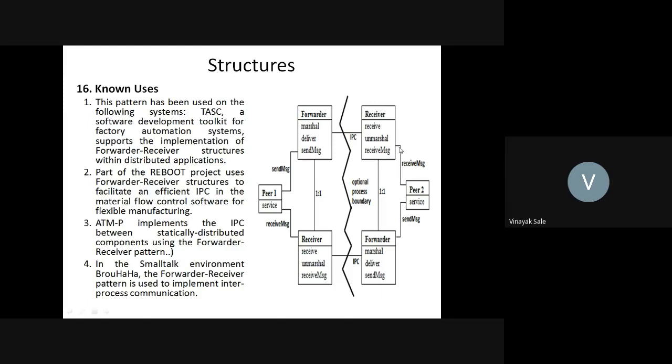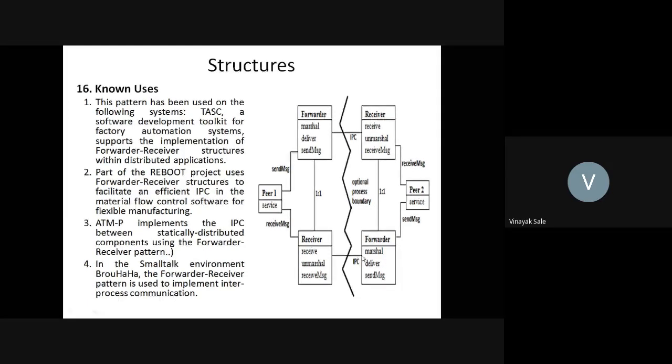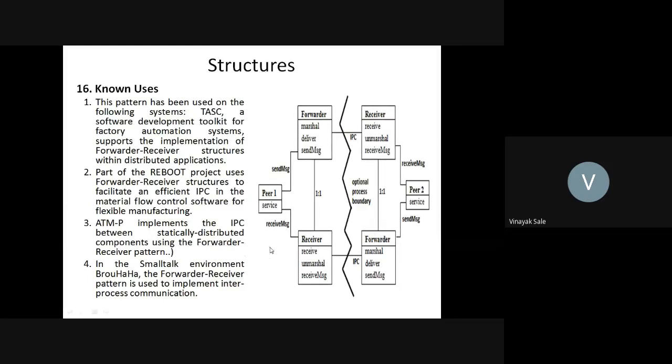This message is then sent to peer 2. In the case of peer 1, receiver 1 is waiting for the incoming message from forwarder 2. So forwarder 2 sends the message, that is marshal, deliver, send, and then receiver 1 receives, unmarshals and receives the message. This is the structure of forwarder-receiver.